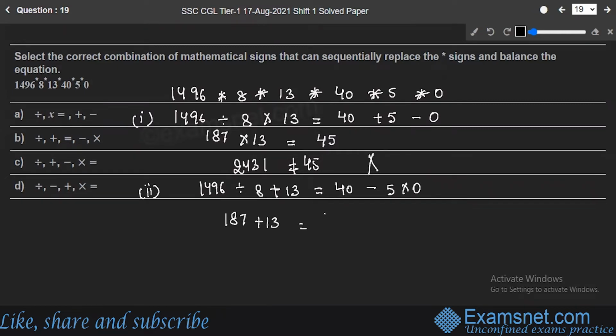This is equal to 40 minus 0. If I'm adding both of them, I get 200. This is not equal to 40. So even this is the incorrect option. Let's go with the third one. You have 1496 divided by 8 plus 13 minus 40 multiplied by 5 is equal to 0. So let's go.